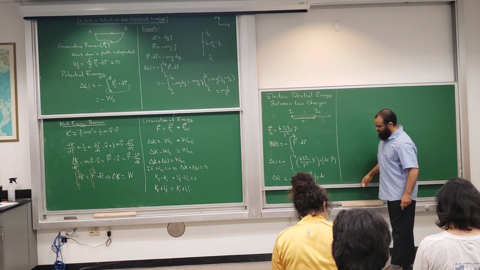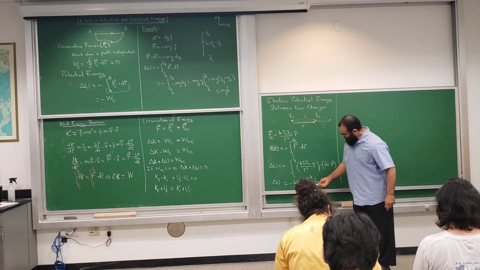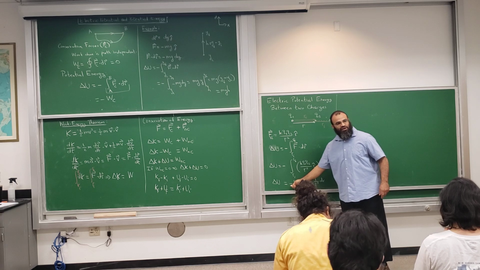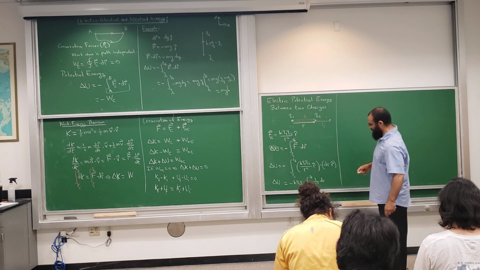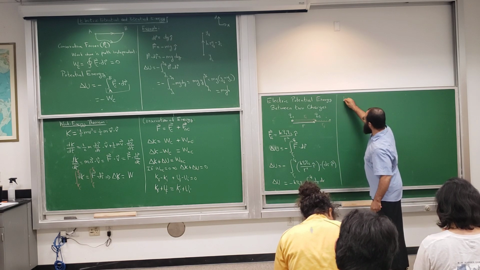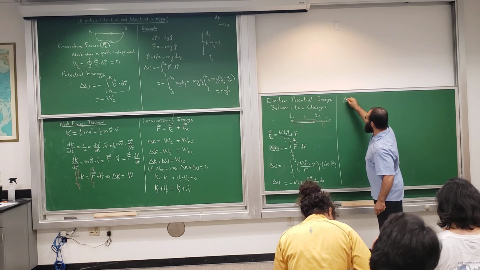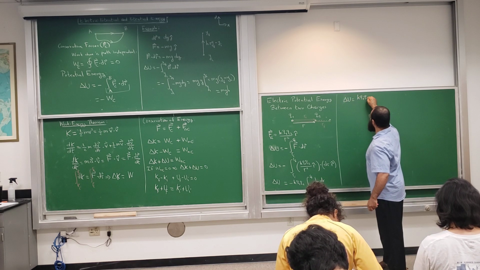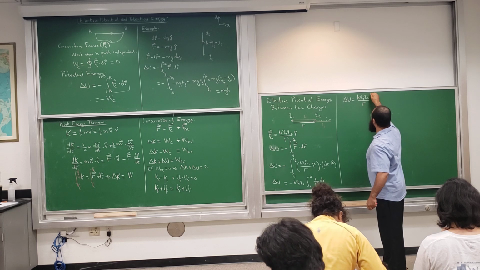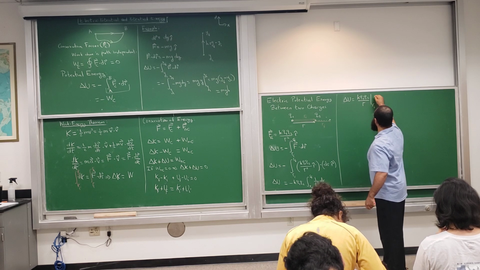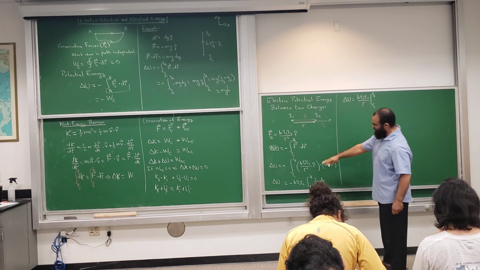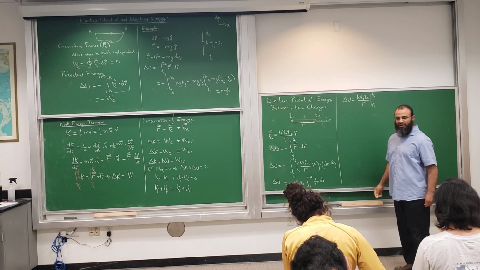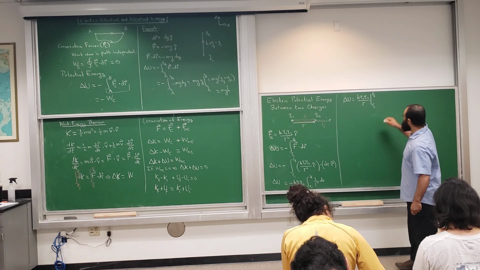Minus 1 over R. And there is this minus sign waiting, so it becomes positive. So you get delta U is equal to K Q1 Q2 over R evaluated between R initial and R final, right? The minus sign goes away because the integral gets its own minus sign.